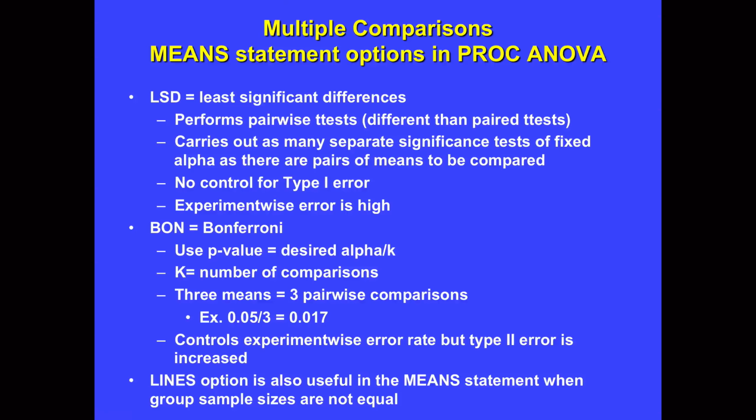So in our example, we have three different groups of smokers. We compare the never smokers to the former, the never smokers to the current, and the current to the former. We can see what the differences are and get an estimate of statistical significance. Note that with the LSD option, there's no control for type 1 error, so the experiment-wise error will be high.